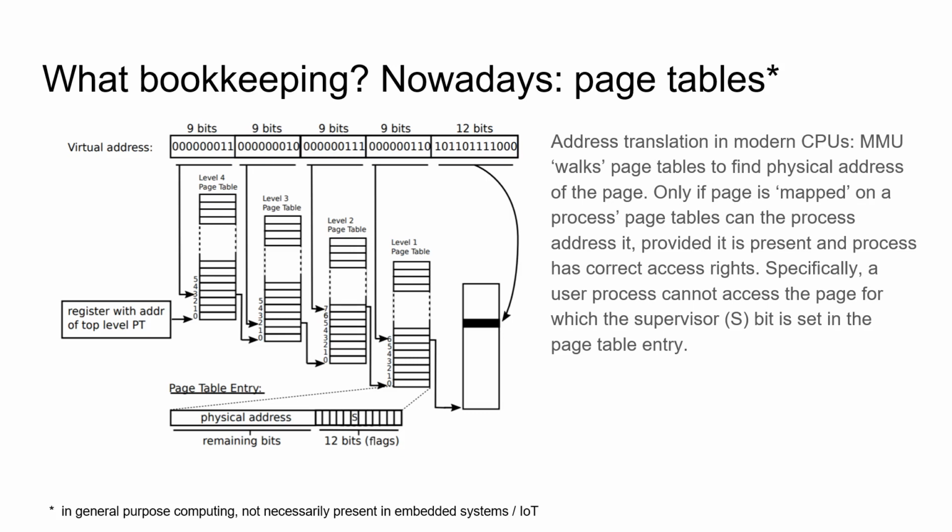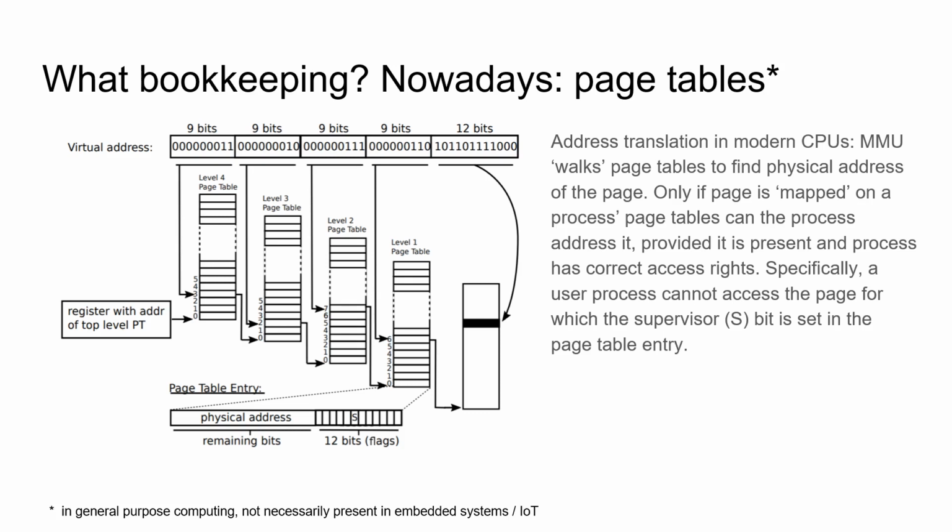So we now look at 0, 1, 2, the 3rd entry in that page table, which contains the physical address of the next level page table, where we again index with the bits that we find there, which is the number 7. So it's the 8th entry in this page table, and there we find again the physical address of the last level page table. This is the lowest level page table, and here we index with the remaining 9 bits.